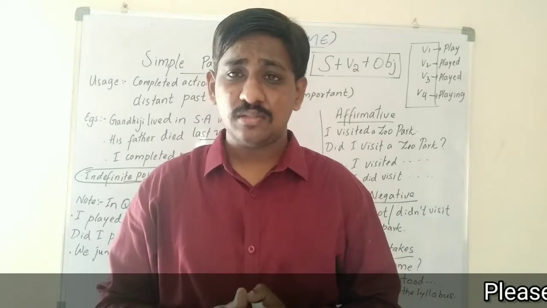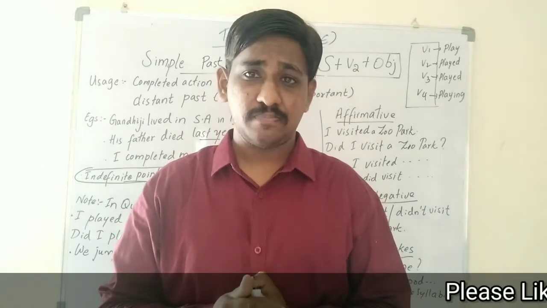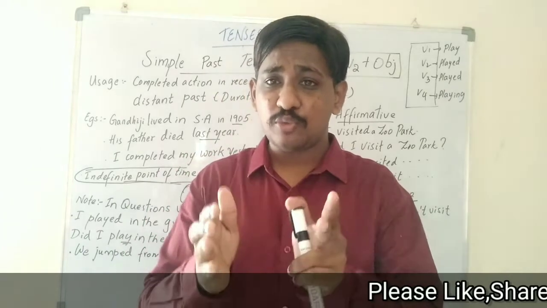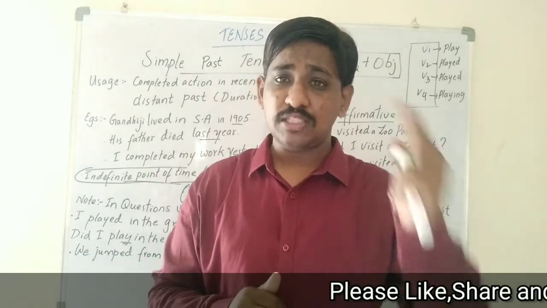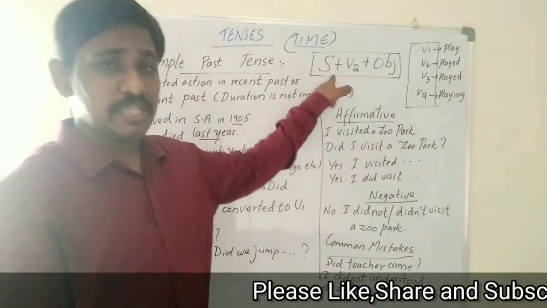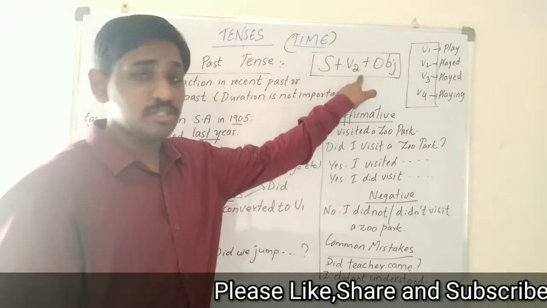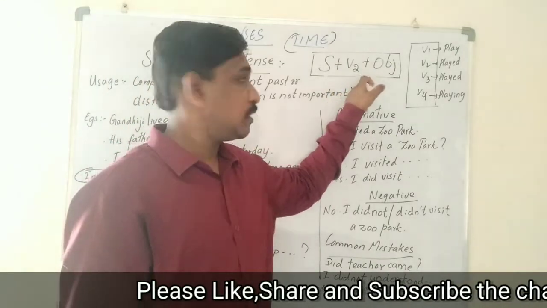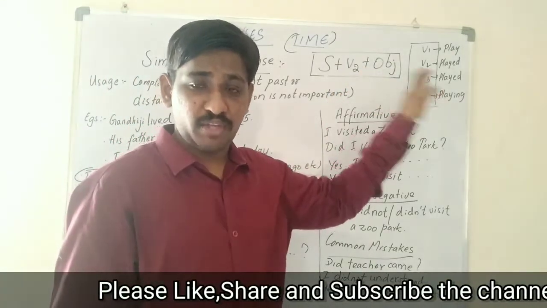Now simple past tense. Let us see when we use simple past tense and what is the formation. First of all, what is the formation? Formation is subject plus V2 plus object. We have already seen word forms: V1, V2, V3, V4.